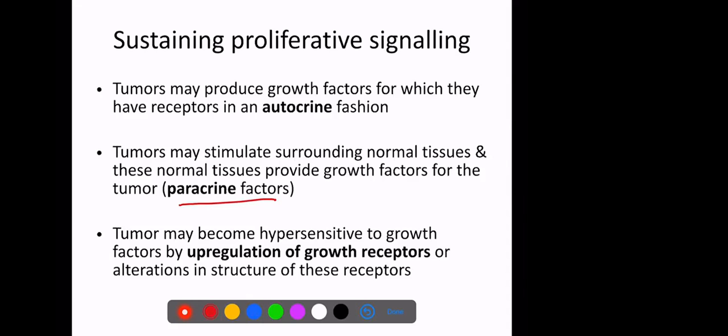That means even though there is not going to be any stimulation by the growth factors, these receptors will alter in structure, and without any external stimulus, they just activate the further downstream pathways to lead to a proliferative signal.